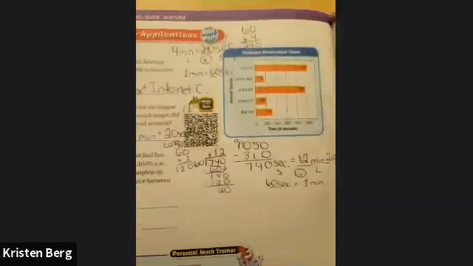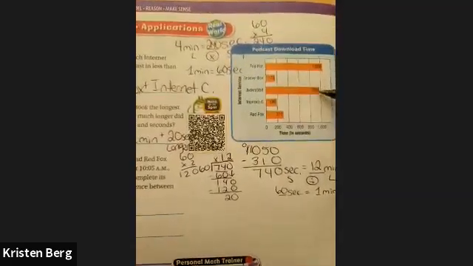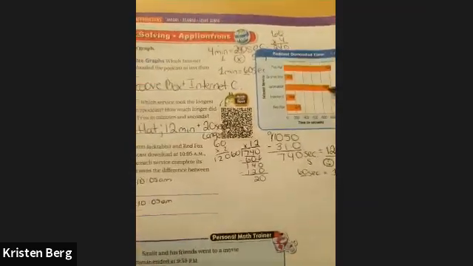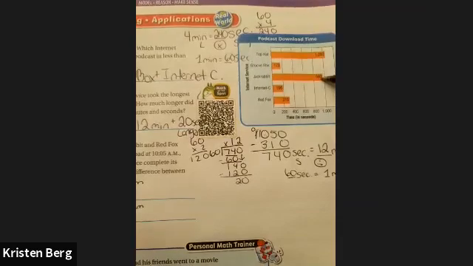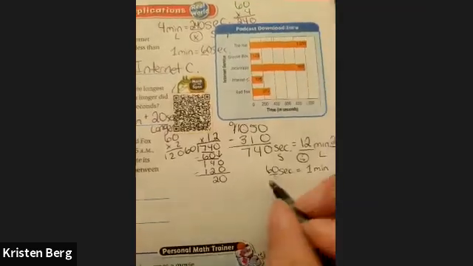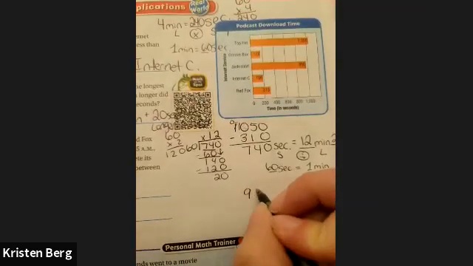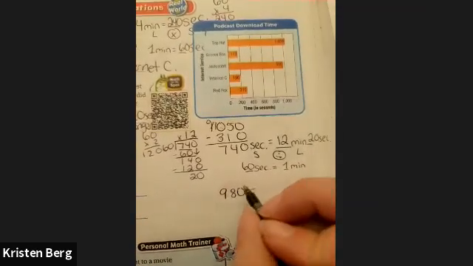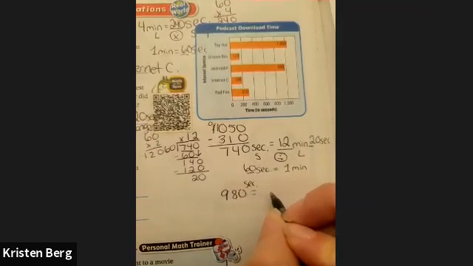So Jackrabbit is 980. That's really not going to help us much because that's talking about seconds. So we need to change this to minutes so it's easier for us to see what's going on. So let's change this many seconds to minutes.